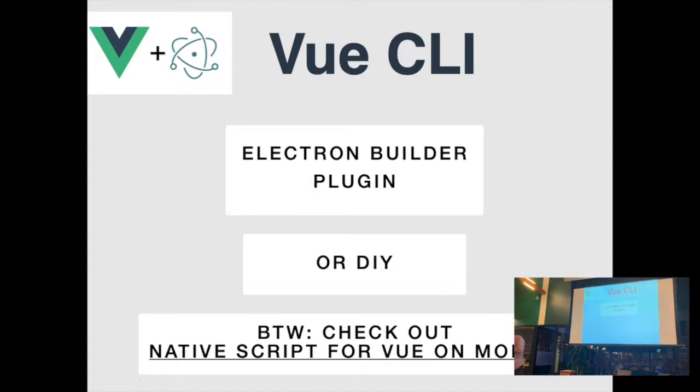The other option is not using any of this stuff. You don't have to use Vue CLI, you don't have to use Electron Builder. You can basically do it yourself, which is going to be very custom, but you're going to get through it. And the one thing I want to bring up is a talk of my colleague about using Vue with NativeScript for mobile.